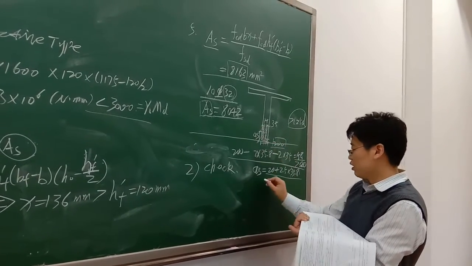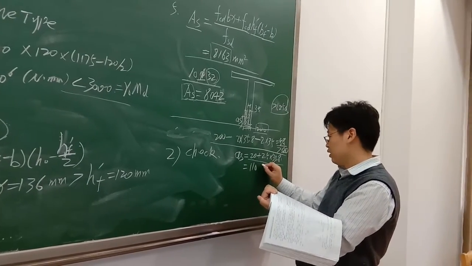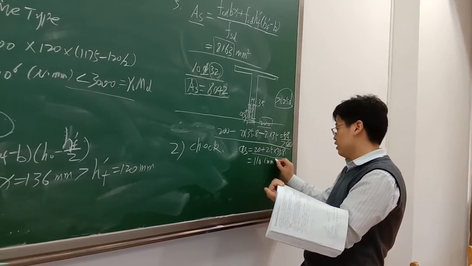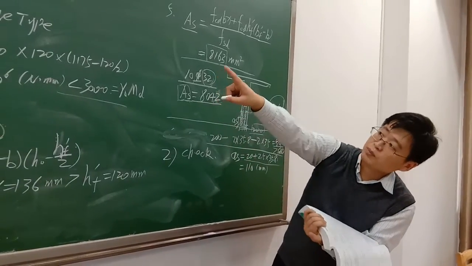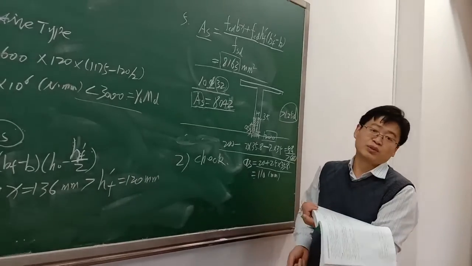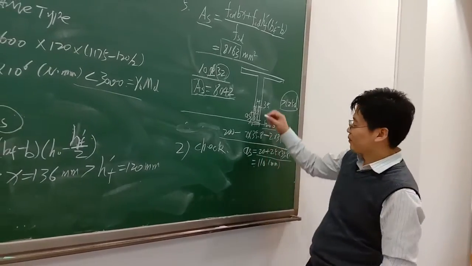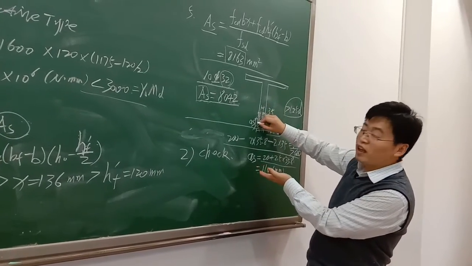So the real AS is equal to 110. The difference: we assumed AS equal to 125, and now the real AS is 110. You see, AS becomes smaller.